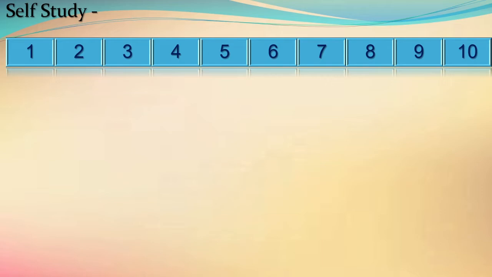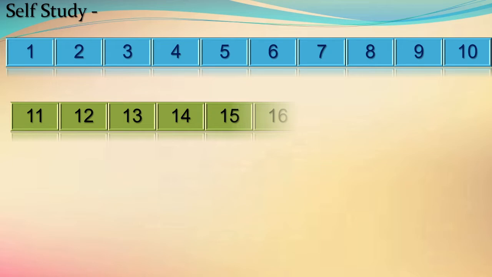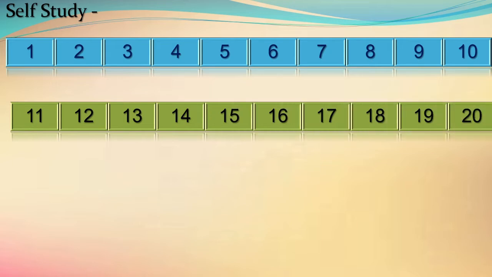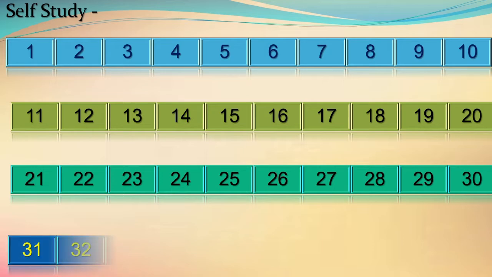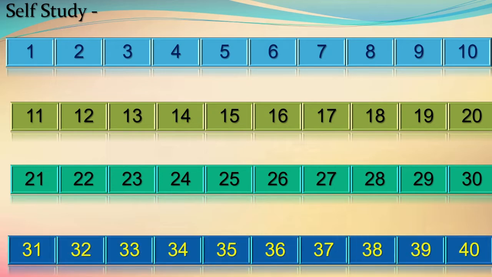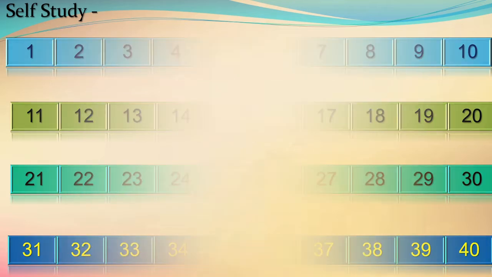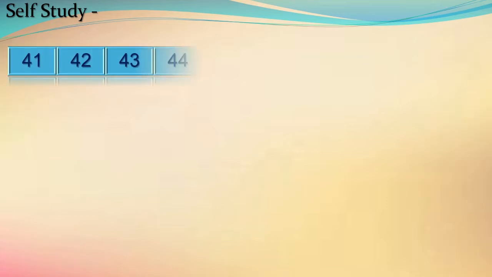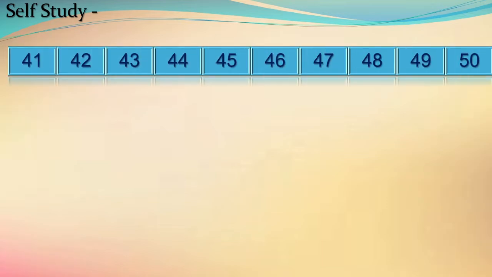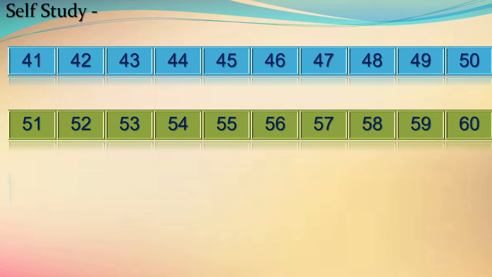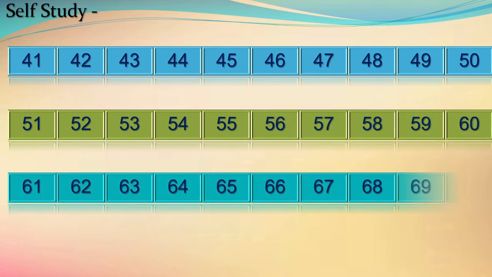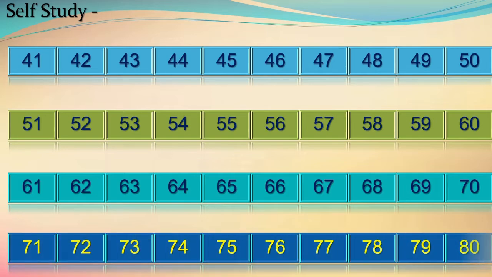See here, this is the strip showing 1 to 10, 11 to 20, this is 21 to 30, this is 31 to 40, and the next one is 41 to 50. Next 51 to 60, 61 to 70, and 71 to 80.